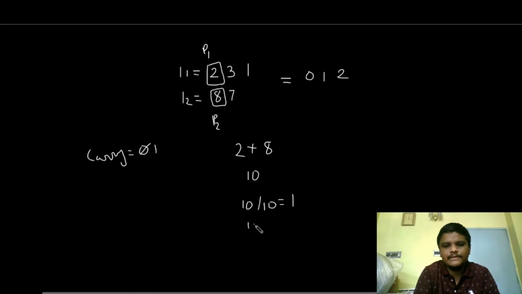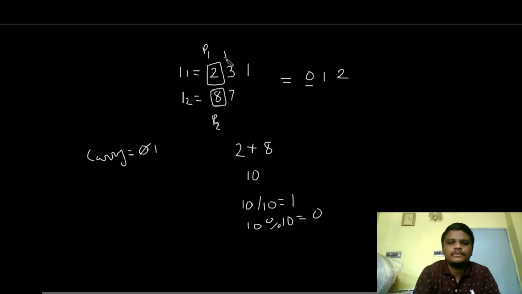Now in order to get the value which is to be stored in our linked list, we do 10 mod 10. This gives our answer as 0, so that's what we are storing in our linked list.